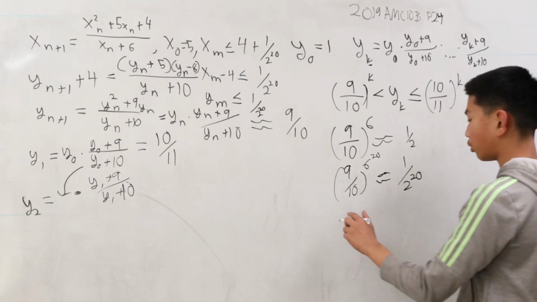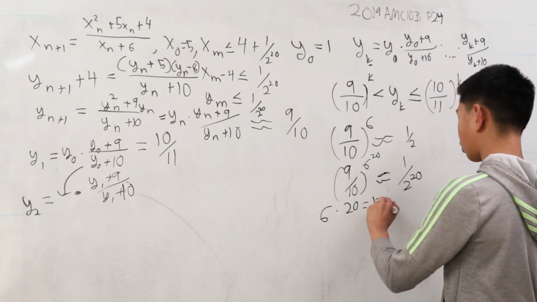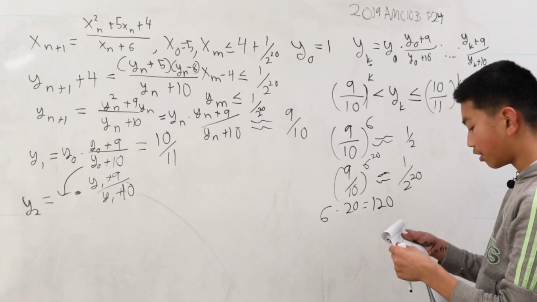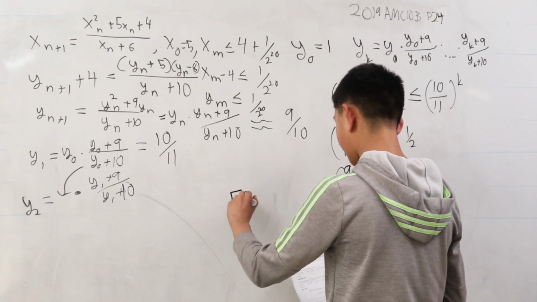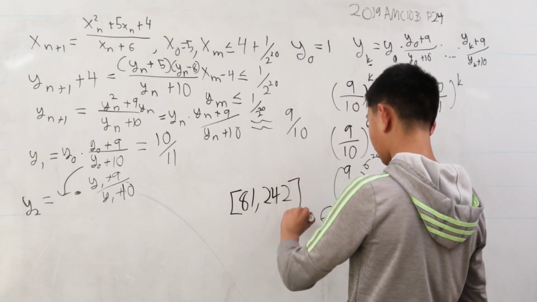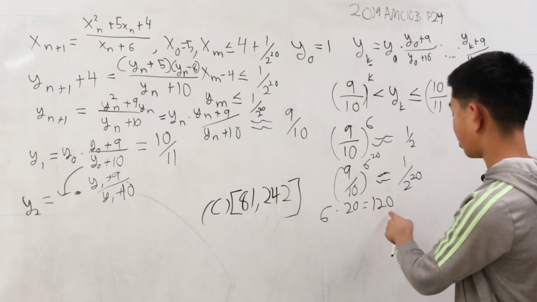So what we get is about 6 times 20, or 120. It asks in which interval m lies. 120 clearly lies in the interval 81 to 242. So C is our answer, even though this is just an estimate.